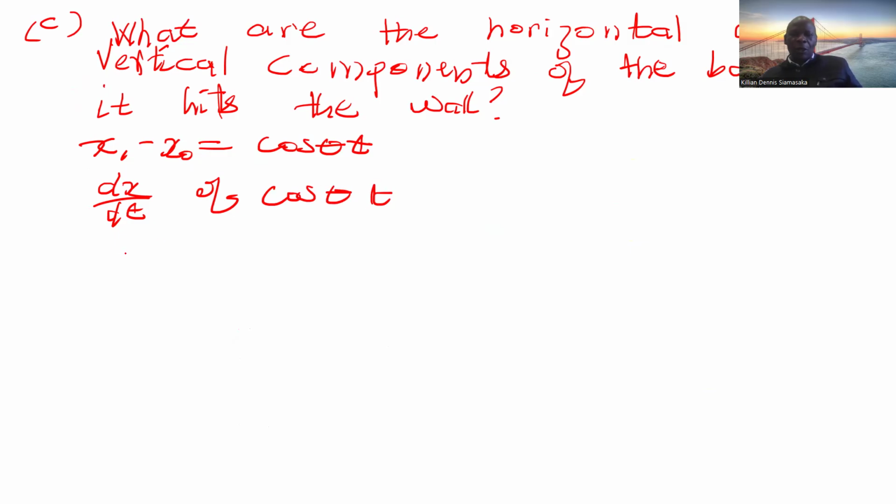So in other words, we can say dx/dt gives us V0 cos theta, because now we get the velocity, so we are differentiating with respect to the time.